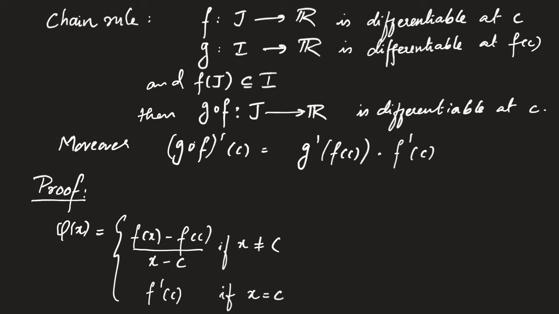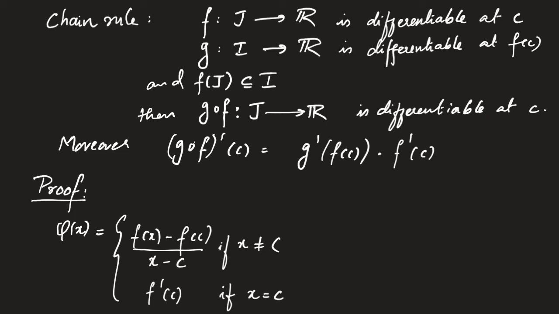Clearly, the function phi is continuous at the point c because the limit as x tends to c of f of x minus f of c by x minus c is equal to f dash of c, and that is the value at x equal to c. Hence, the function phi of x is continuous at x equal to c.